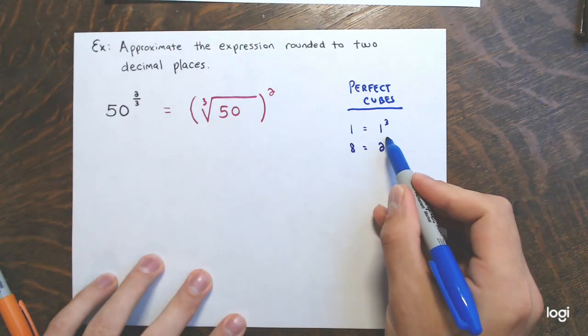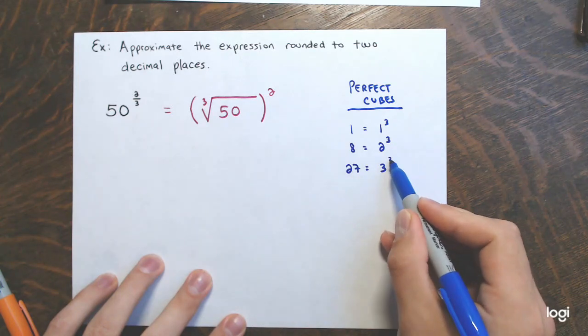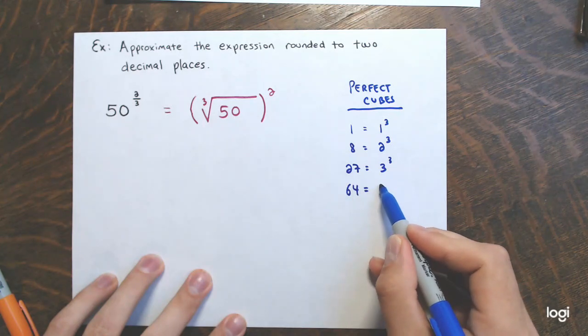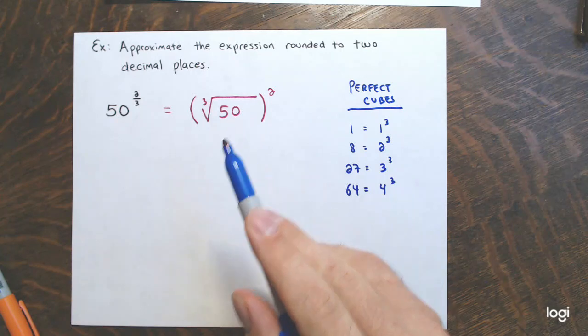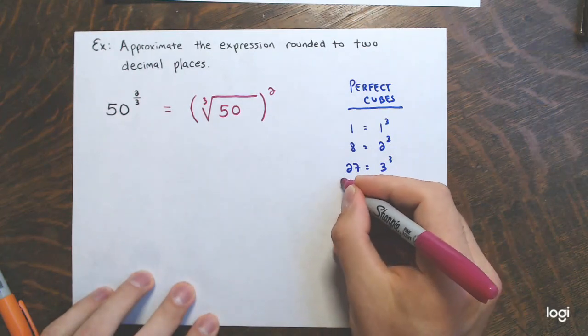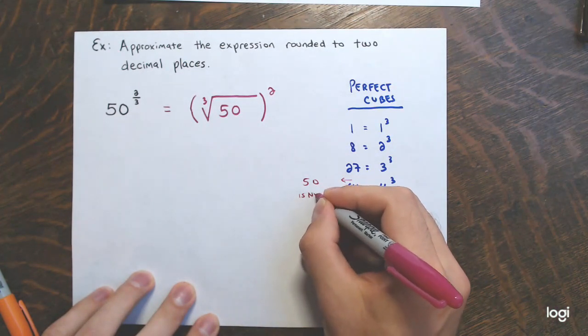You can write that as 2 cubed, right? 27 is a perfect cube. You can write that as 3 cubed. 64 is a perfect cube. You can write that as 4 cubed. Well, notice how I passed up 50. So 50, in between there, 50 is not a perfect cube.